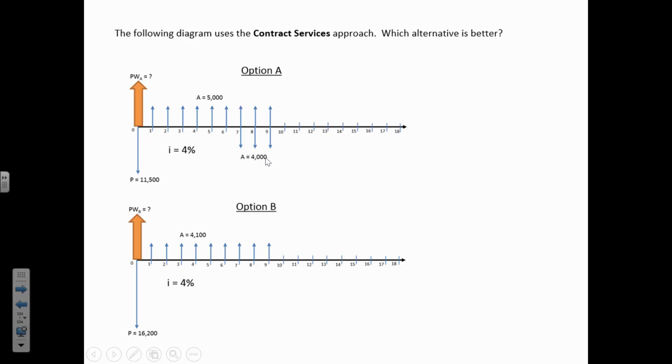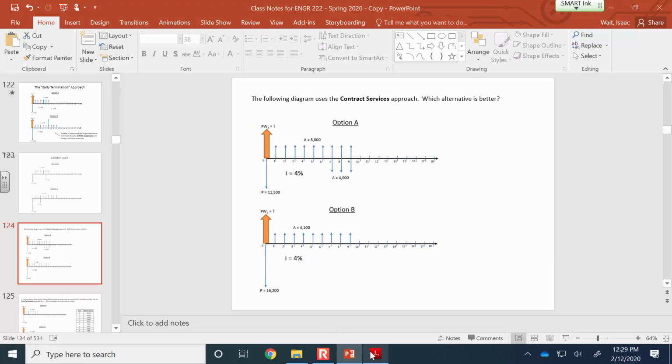There's first of all going to be the step of consolidating an annual series into a single amount. And so find P given A will take it all to year 6. And then we have to do find P given F to get it from year 6 to year 0. So it's a multi-step process, whereas option B is relatively simple.